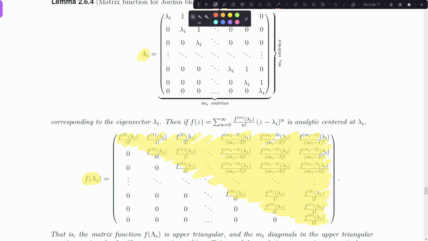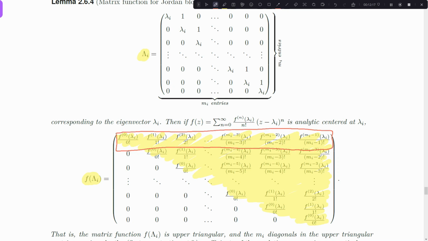It remains upper triangular, and if I just look at the rows here, let's take a minute to take a look at the rows. That row is just the first m_i terms of the Taylor series of f at lambda_i.